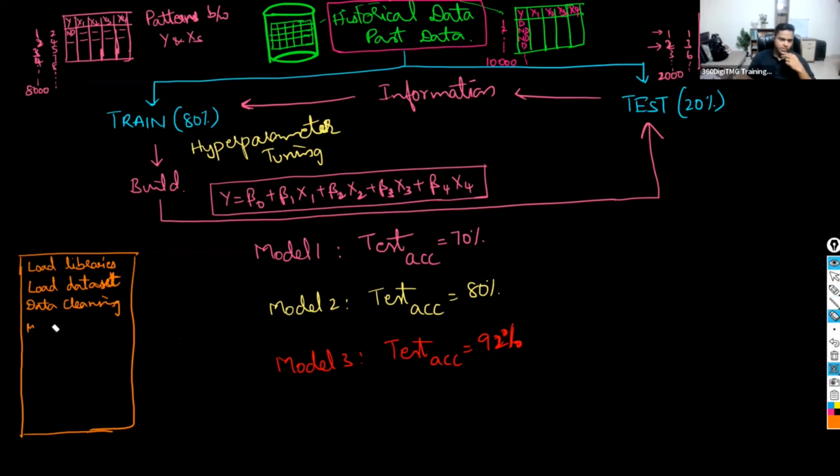Even before you build the model, you split the data into training and test. Then you build the model on the training data, and you evaluate your model on the test data.